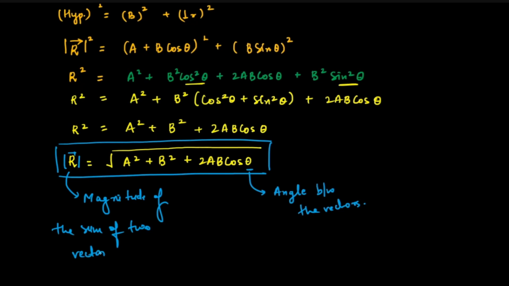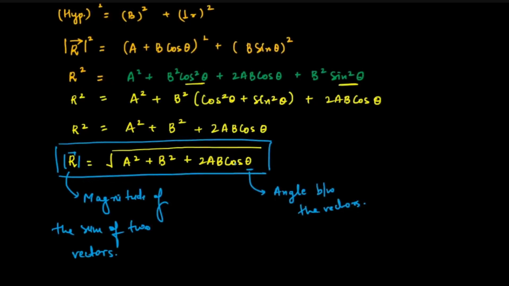So when we are adding two vectors, it depends upon what this theta is. That's why I told you in the beginning that the sum of 3 plus 4, if they are vectors, can range anywhere from 1 to 7. It depends upon this angle because cos theta has different values for different angles. So do you remember the values of cos theta for different angles?